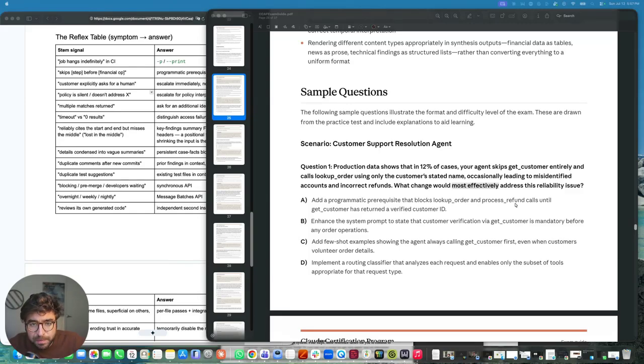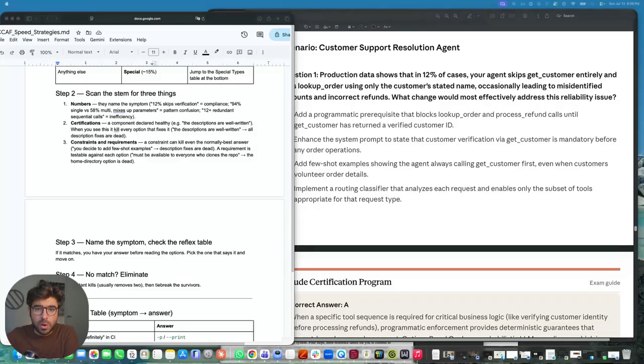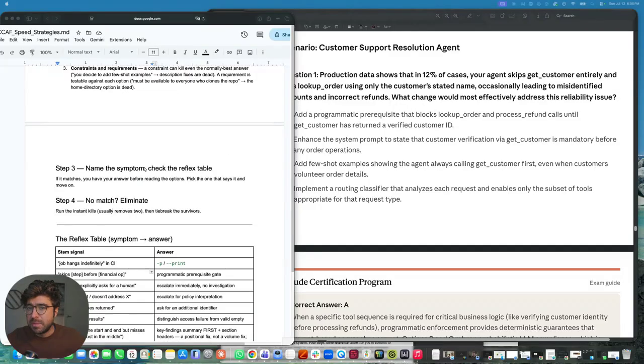Misidentified accounts. Incorrect refunds, that's money and that's compliance. So we're going to put those 2 things together, which allows us to go into our step 3, where we can name the symptom, check the reflex table, and get on to figuring out our answer and seeing if there's a match.